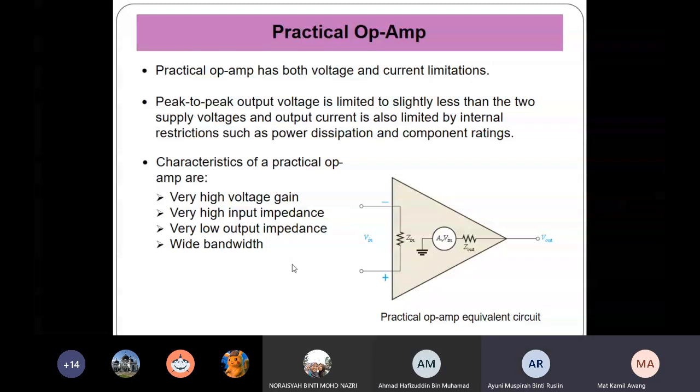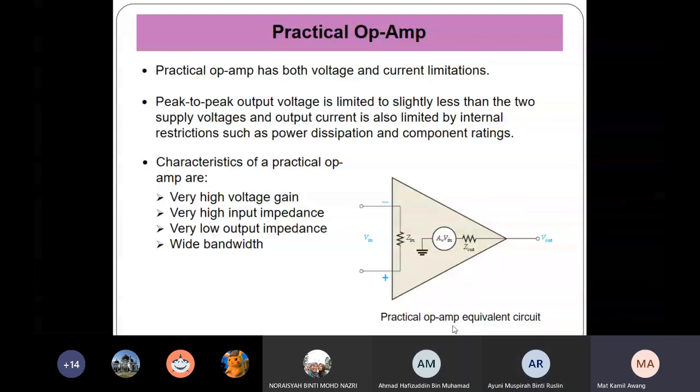Basically, the peak-to-peak output voltage depends on the plus voltage supply and the minus voltage supply, so it lies between the minus voltage supply and the positive voltage supply.